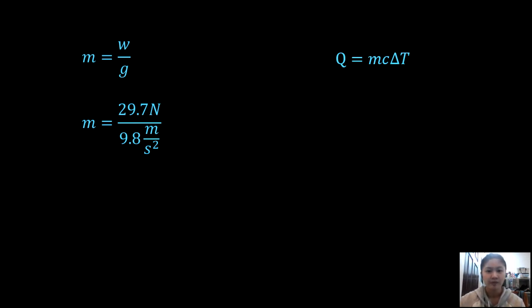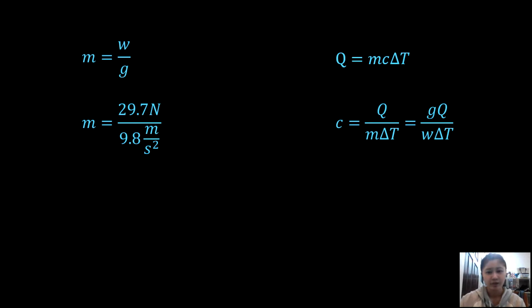Doing basic algebra, we would get c is equal to Q divided by mass times change in temperature. Since the mass is weight divided by gravity in the formula, we have to flip that so we wouldn't have a hard time computing a fractional equation.